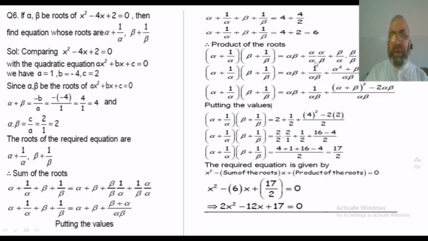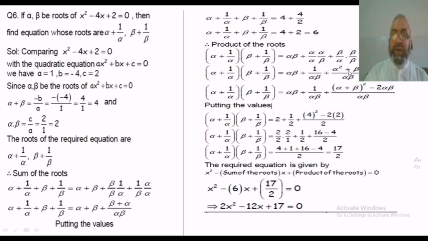Now we multiply alpha by beta with alpha by alpha to get the same LCM. Similarly, beta by alpha multiplied and divided by beta by beta. So we look at the term alpha beta, that is common. So take the LCM alpha beta, the last term plus 1 over alpha beta plus the next LCM of these two terms, alpha beta, so we get alpha square plus beta square.